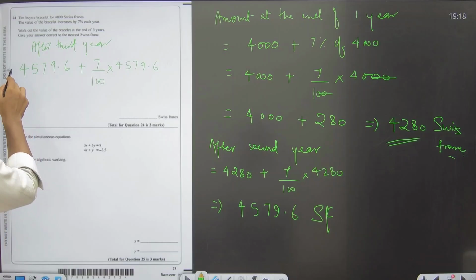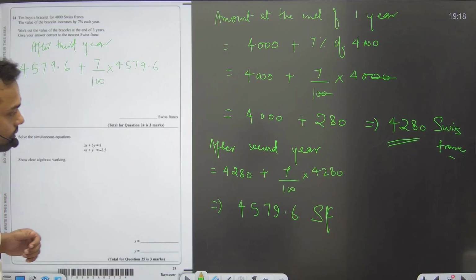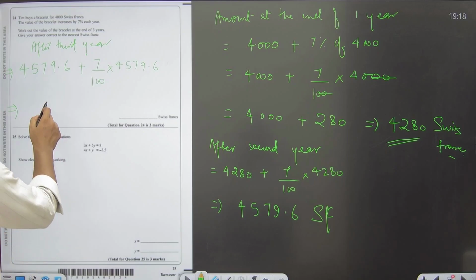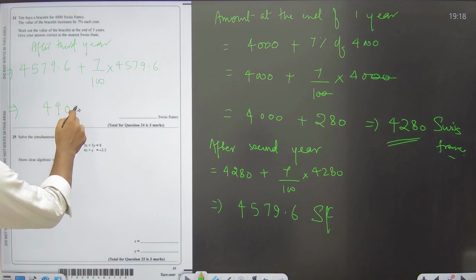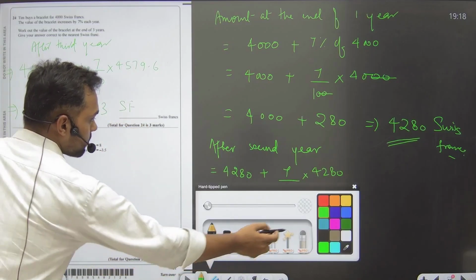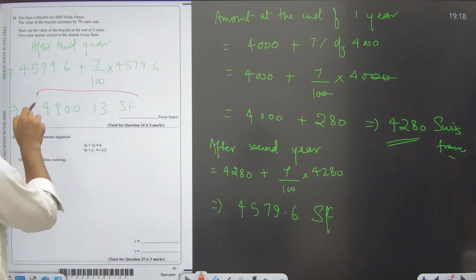Okay, we'll get the value here. So it will be cross 7 plus 4,579.6. So it is coming roughly equal to 4,900.13 Swiss francs. Okay, students. So this will be the amount after the third year.